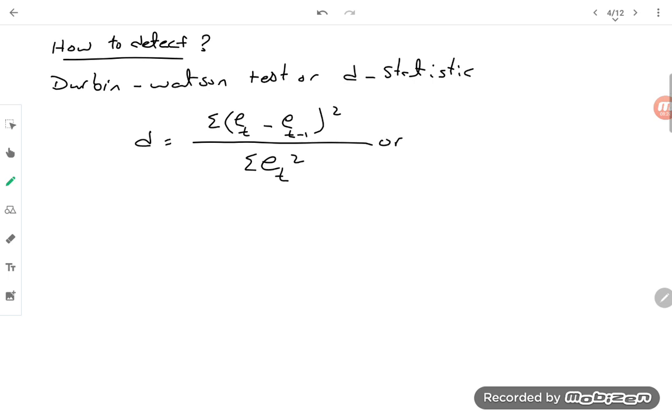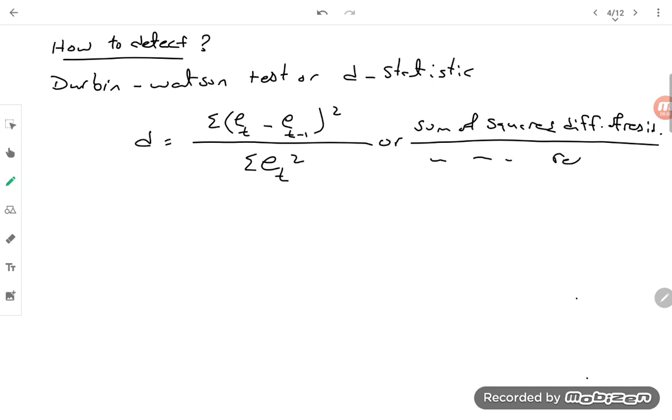Or in other words, sum of squared difference of residuals divided by sum of squared residuals.